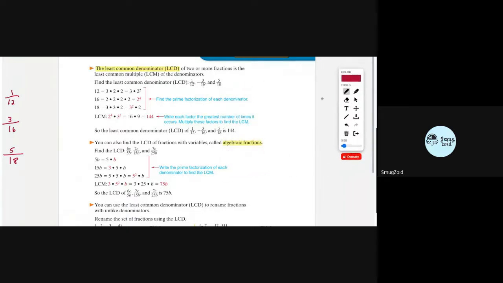So for the 12, you could tell that the numbers used were 3 times 2 squared. The least common multiple is 2 to the 4th times 3 squared. So what did I use in here?